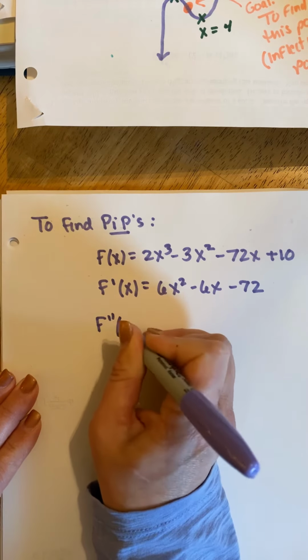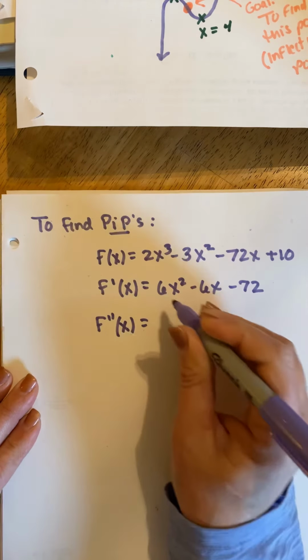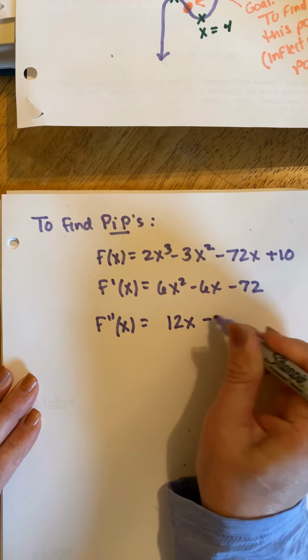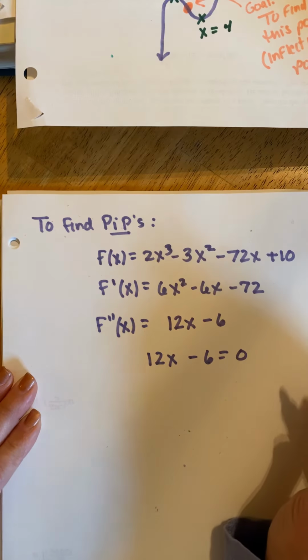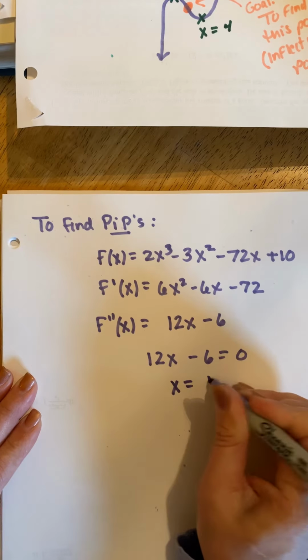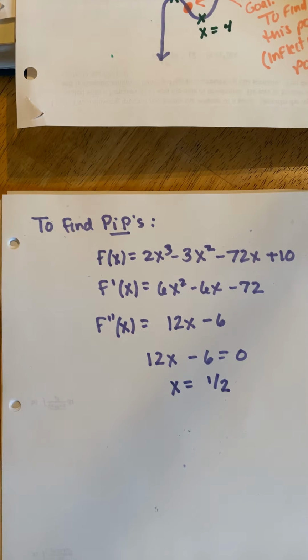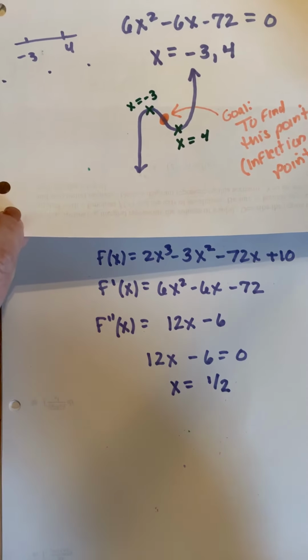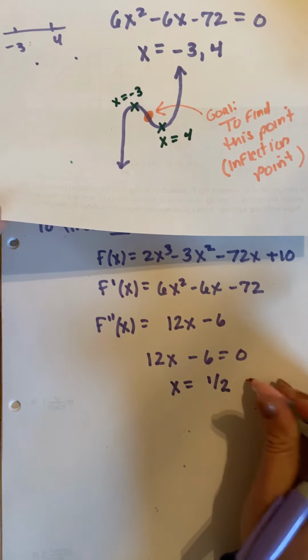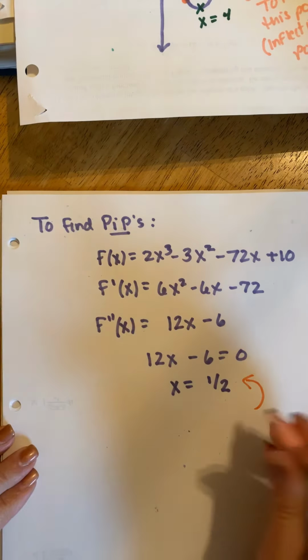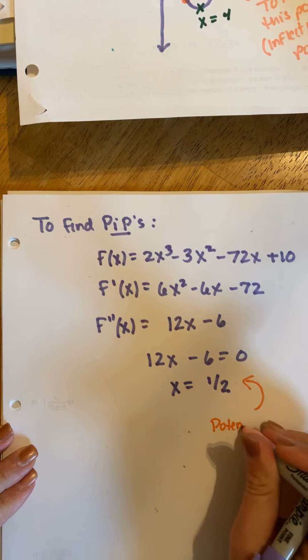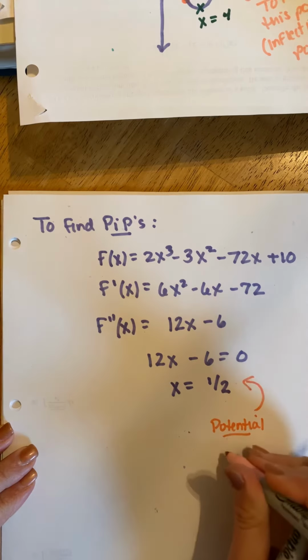The second derivative is what's going to help us find our potential inflection points, 12x minus 6. We see where the second derivative is equal to 0 or undefined. So this is our only potential inflection point. We can conclude that we know this graph changes concavity, and if it does, this is the only place it can. So we can fairly conclude logically, but we're going to show using calculus. This is a potential inflection point.